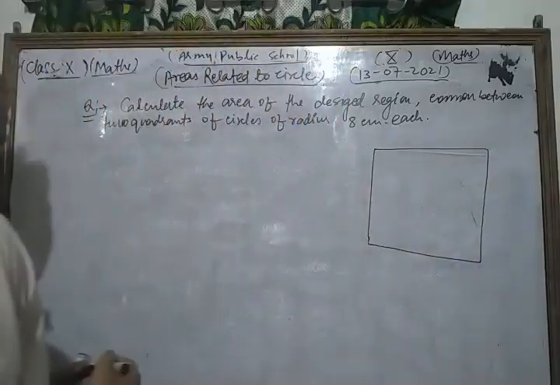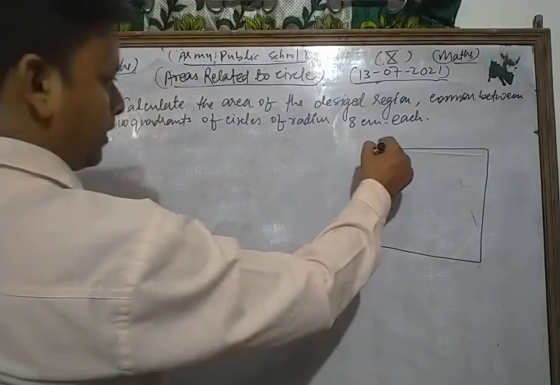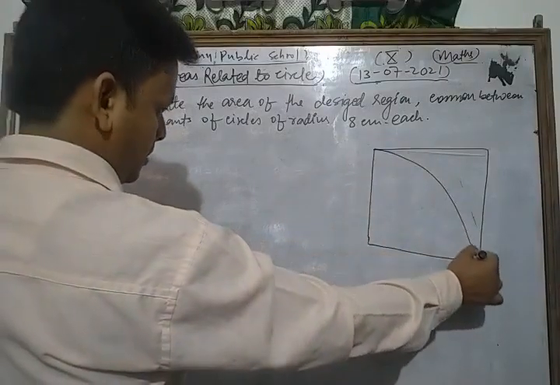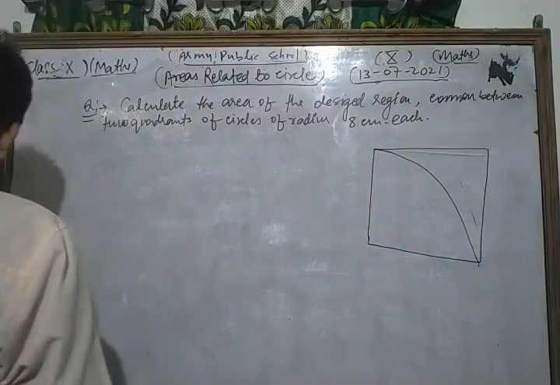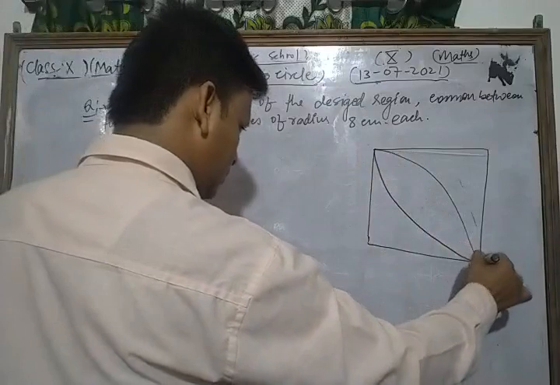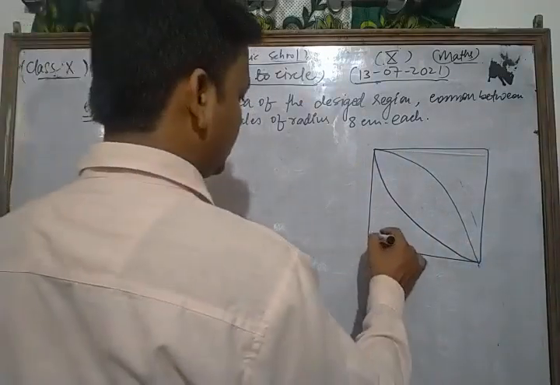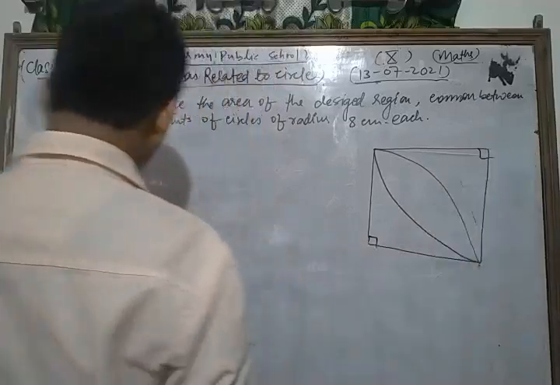Now look, calculate the area of the design. This one and this one are designs. Each angle is 90, dear students. This is 90, this is 90.